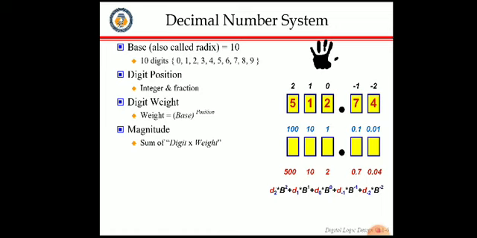That means in general a number can be expressed like this: D0 into b power 0 plus D1 into b power 1 plus D2 into b power 2.